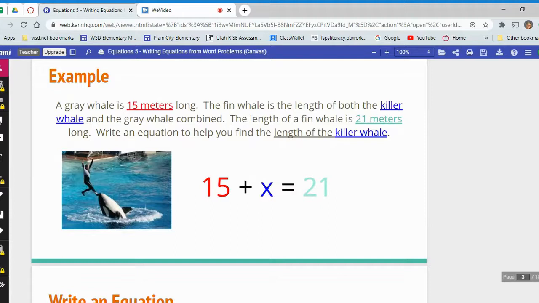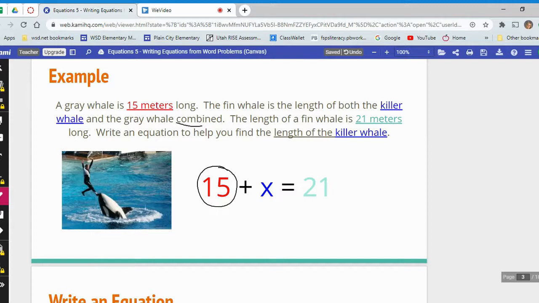Now, it tells us that a gray whale is 15 meters. So they have chosen to put that in red. So we have 15 meters right there. That represents the gray whale. And it says a fin whale is the killer whale and the gray whale combined.